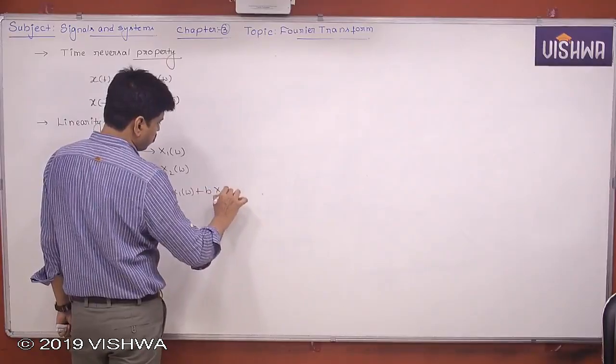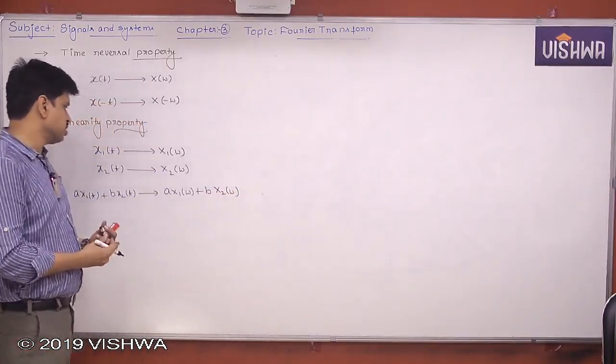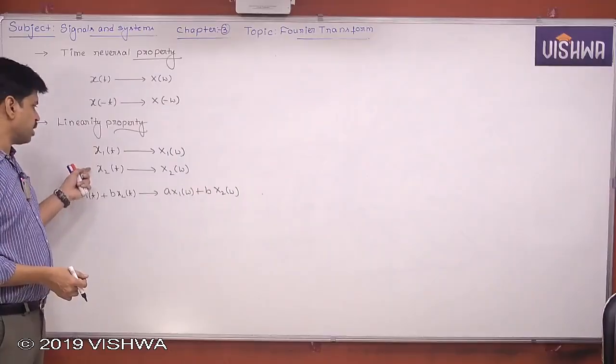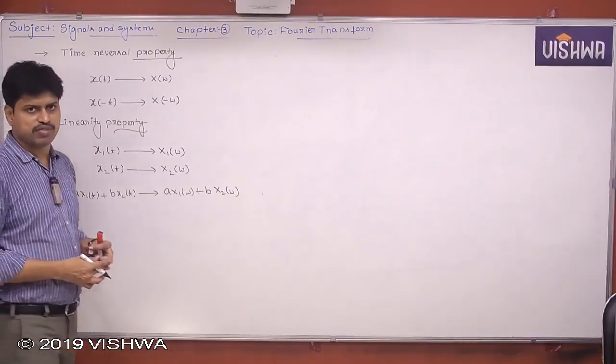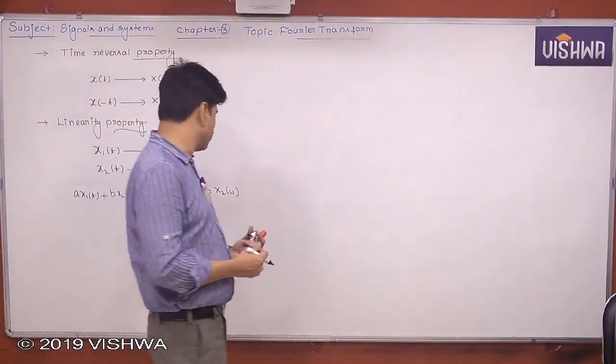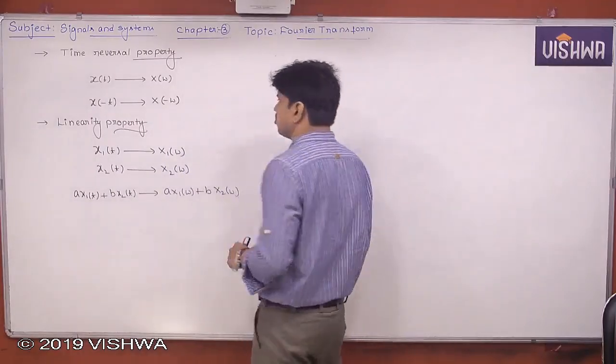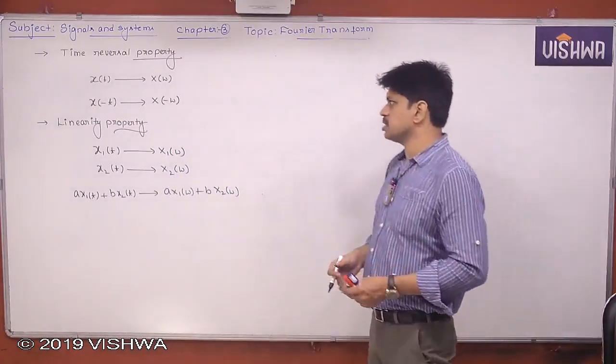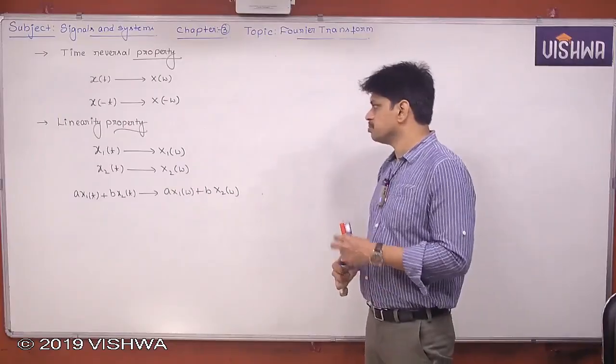This is the overall Fourier transform. That means if you add in the time domain, then we have to add in the frequency domain also. That's the meaning of it. Okay, take them. Then we will solve some questions based on these properties.